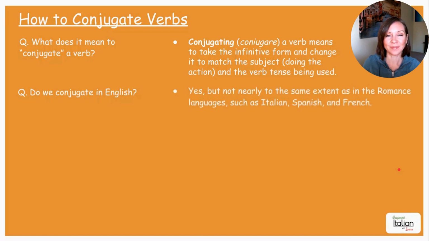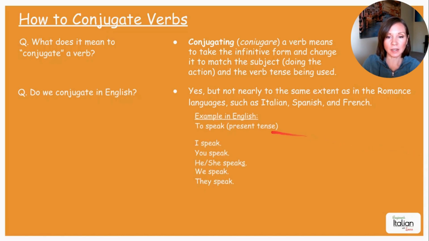Yes, we do, but not nearly to the same extent as in the Romance languages, such as Italian, Spanish, and French. So for example, to speak in the present tense in English, you really only change the third person singular here. So I speak, you speak, he or she speaks, we speak, they speak.